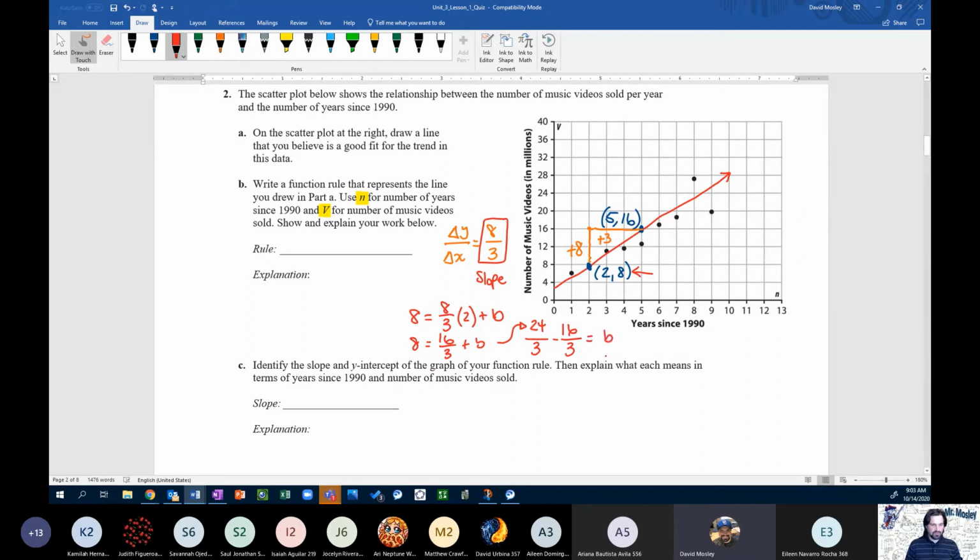And that will give me the value of b. This means that b equals 24 minus 16, over 3. All right, so 24 minus 16 is going to be 8. So we end up with 8/3 equals b.